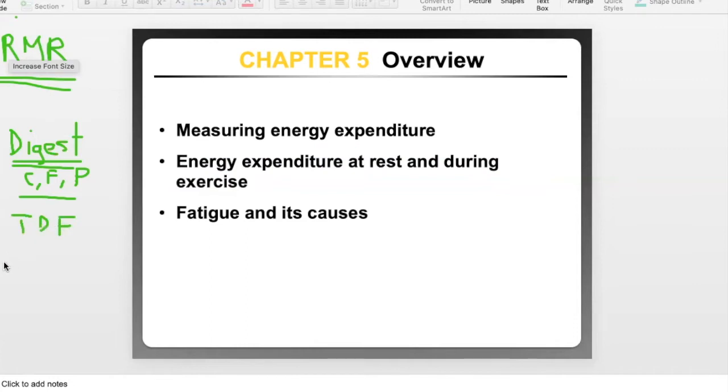And then the last thing that you're spending energy on are your activities of daily living, ADLs, or your external energy expenditure. It's EEE. And that's everything from walking, reading, sitting, running, gymnastics, all of the other stuff.